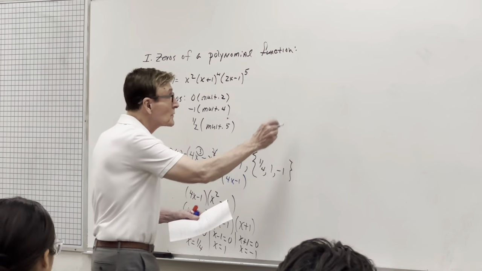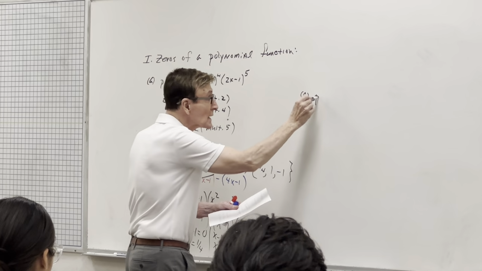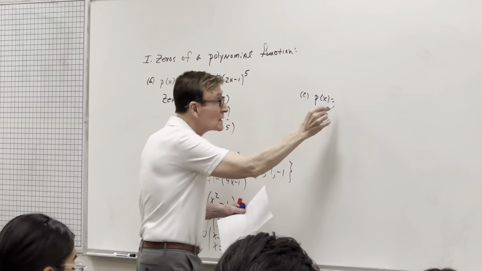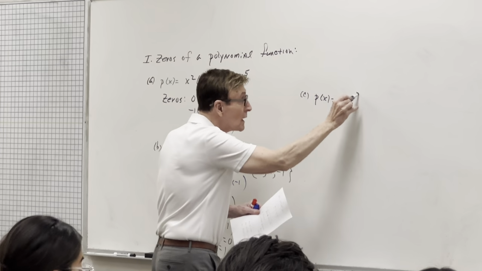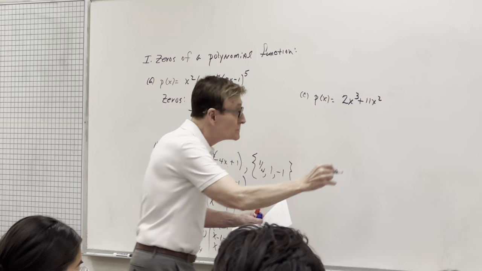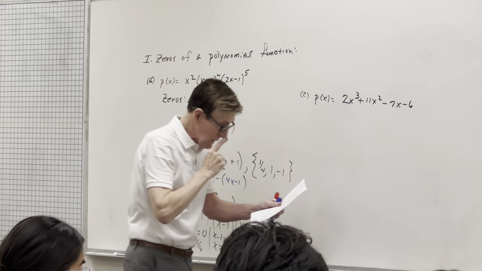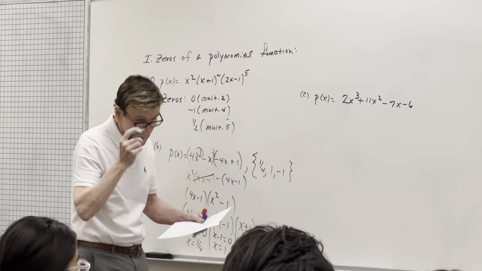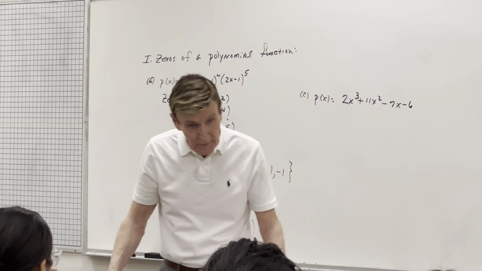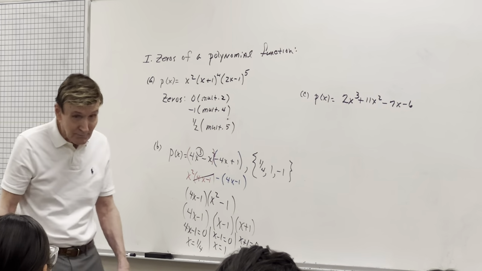Letter C. Find the zeros of this function. Let's call it p of x, polynomial. This one looks like it has 4 terms. It's a cubic, 4 terms, a polynomial, leading coefficient of 2, constant -6.